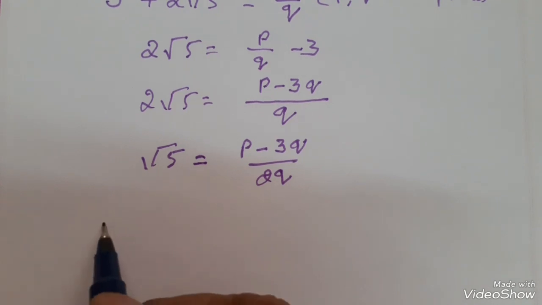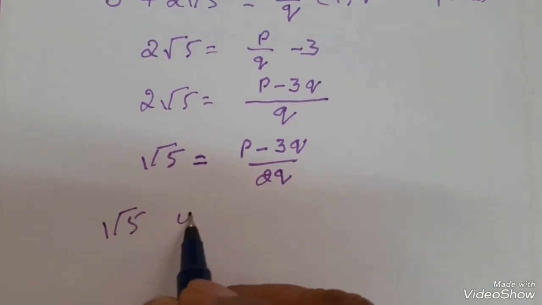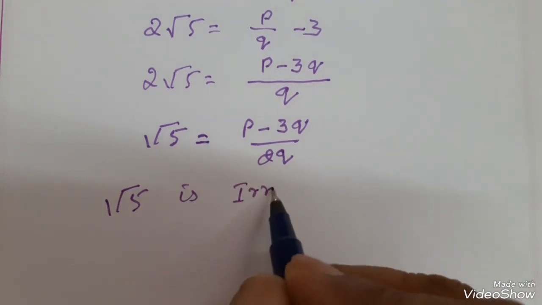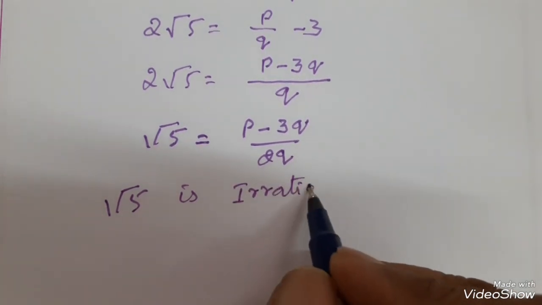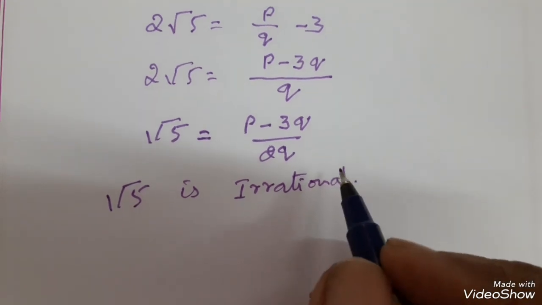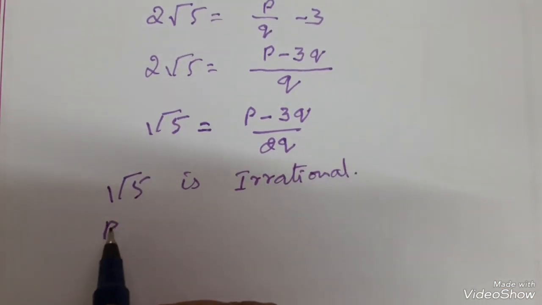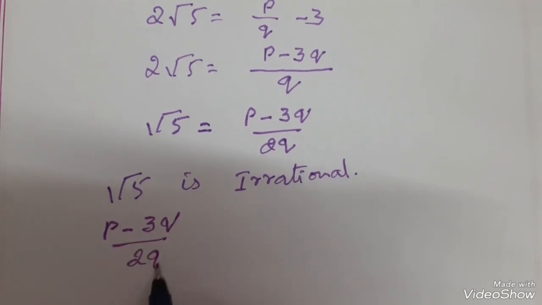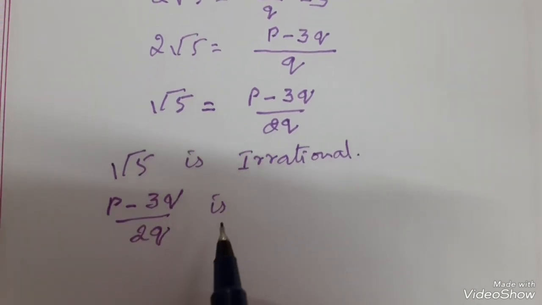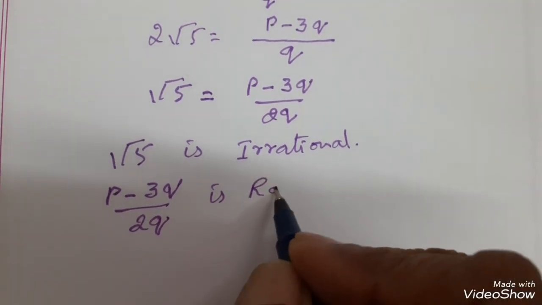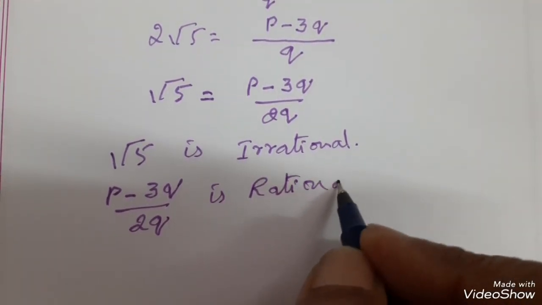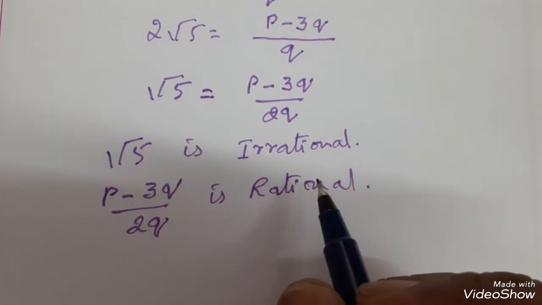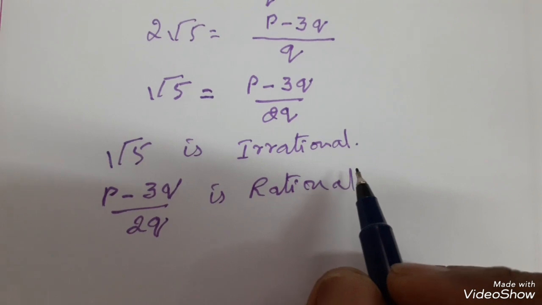Why here? Because root 5 is irrational, and on the right side we have p minus 3q by 2q, which is rational. We know they are never equal. A rational number and an irrational number are never equal.